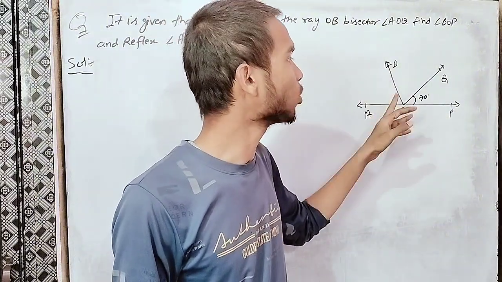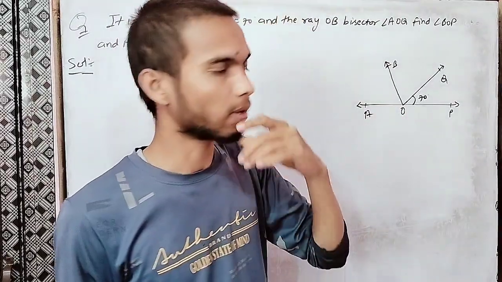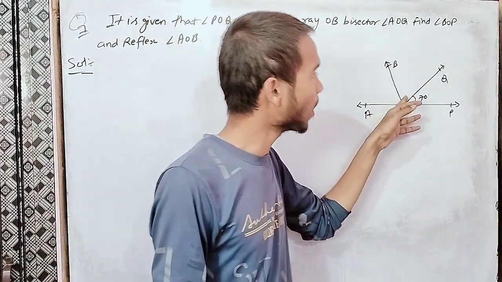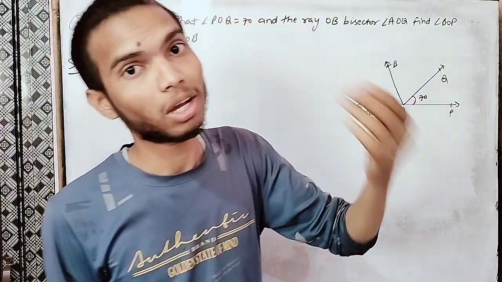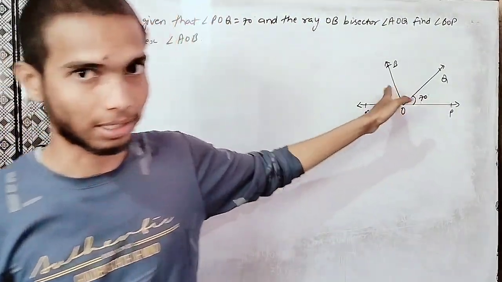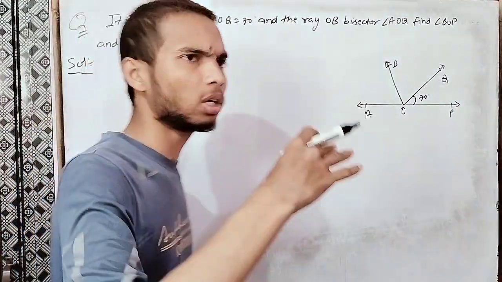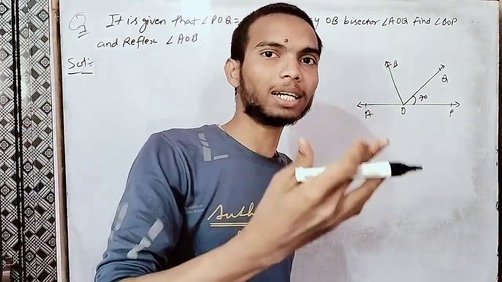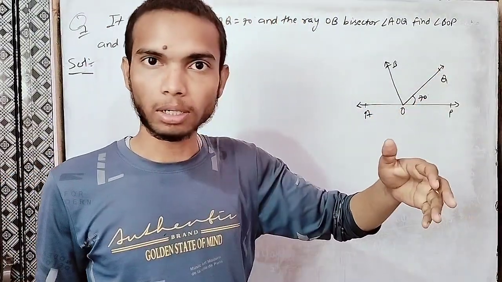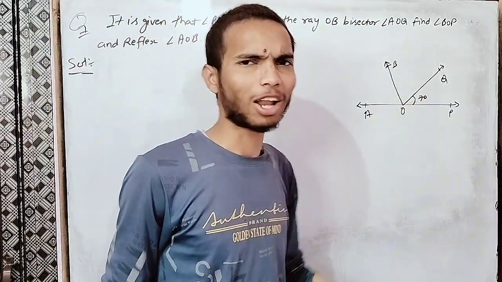The value of this angle is 35 degree. So the value of this angle would be the same, 35 degree. This is the meaning of a bisector ray. So we will divide the value of angle AOQ by 2. Then we will have the value of this angle and this angle.